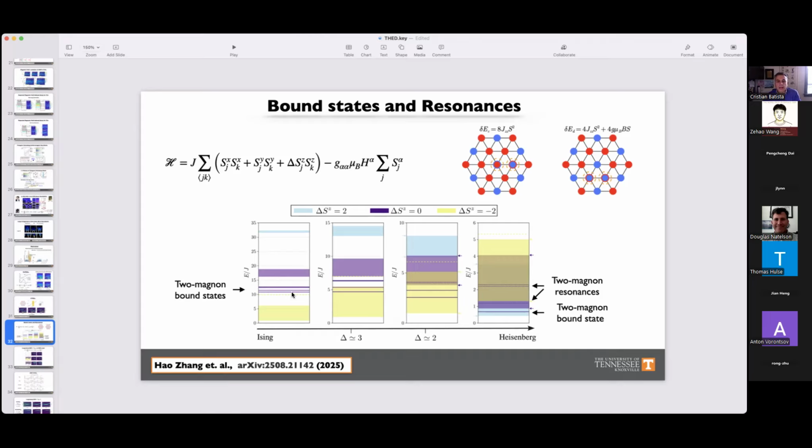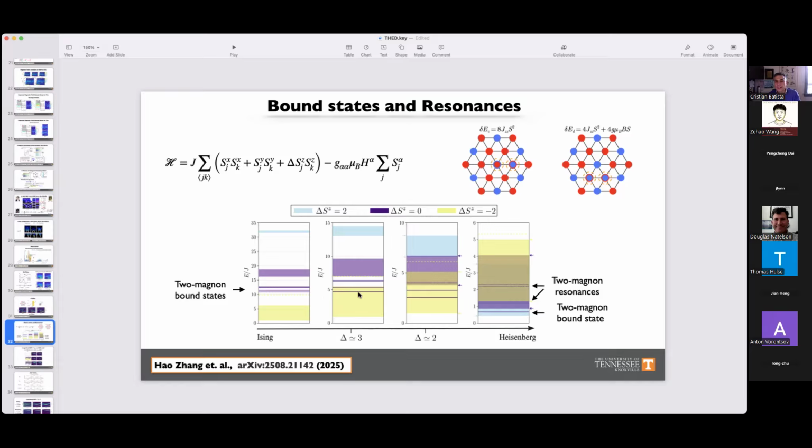In the Ising limit, they are flat. This is very schematic. If you put in XY interaction, they will become dispersive. But something else that happens as you start decreasing delta, so the XY interaction becomes stronger, is that they start entering the lowest energy 2-magnon modes. They start entering the 2-magnon continuum. Now, this yellow 2-magnon continuum corresponds to delta Sz equals -2, and the 2-magnon bound state is delta Sz equals 0.